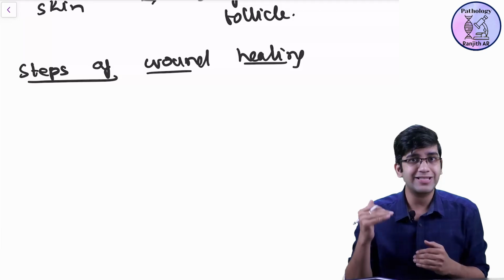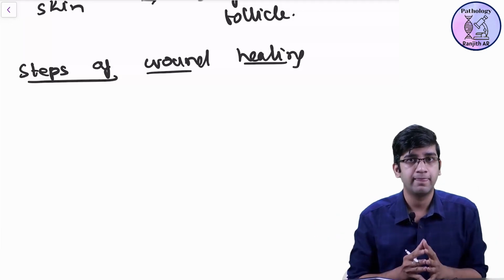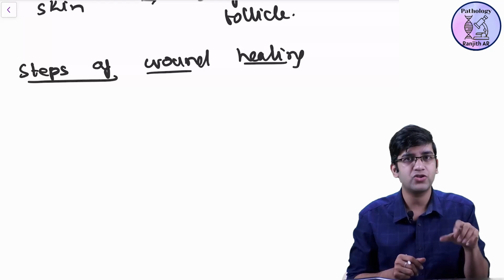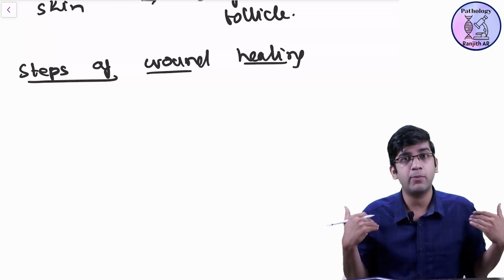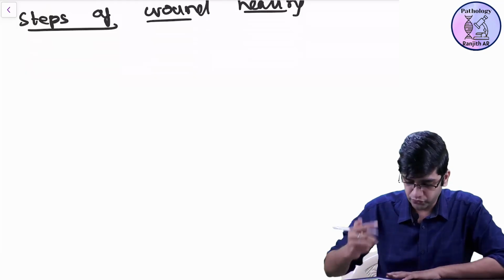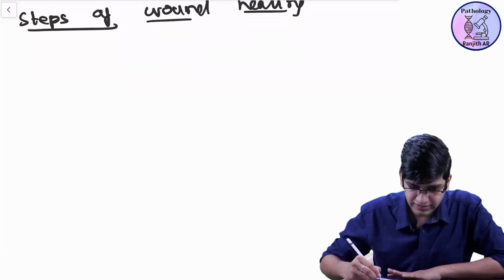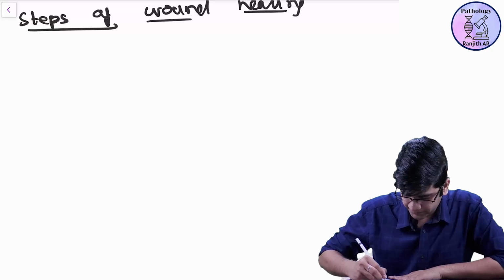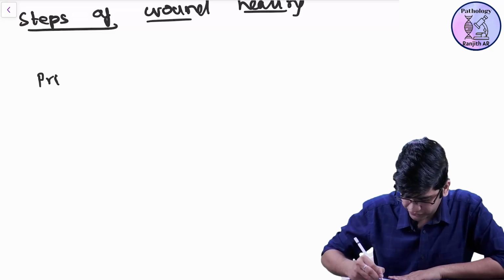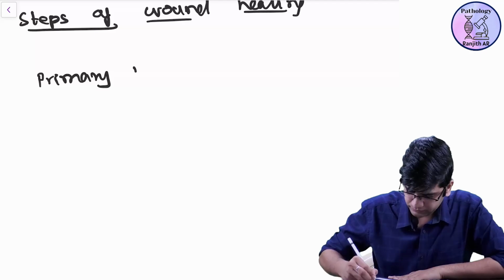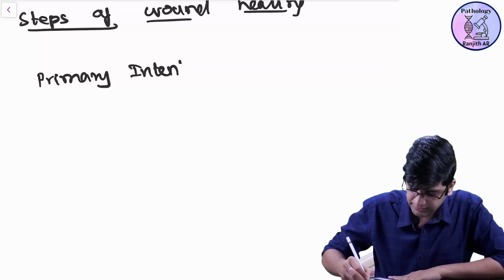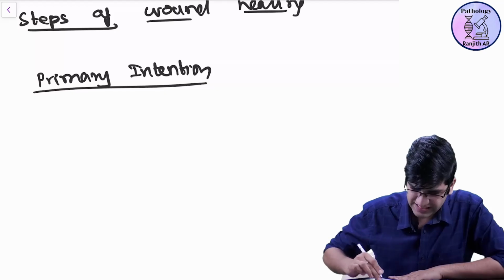Both will have more or less the same thing overall. But there will be tiny changes based on the duration and based on the amount of scar tissue formed, right? So for our ease, we are going to learn the steps of wound healing by healing by primary intention, or first intention, so that it's easier for us.